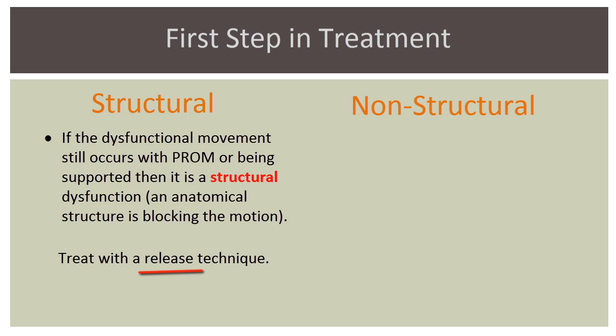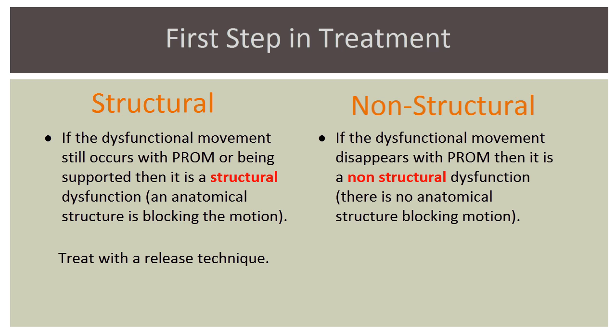If the dysfunctional movement, however, disappears or changes significantly when passive range of motion or support is being introduced, then it is a non-structural dysfunction, meaning that there is no anatomical structure blocking that motion.